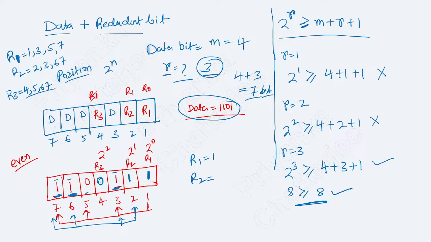No, right? I did not make any mistake. When taking the opposite direction, it comes out different. 2, 3, 1 1 0 1. This is 3 6 7. Then it was coming even.